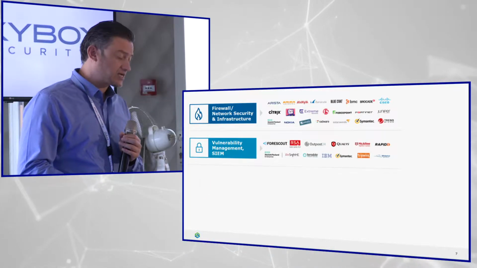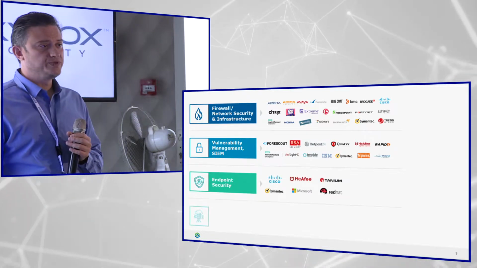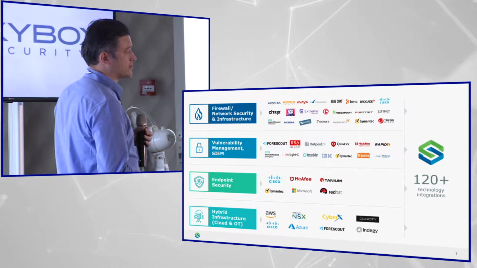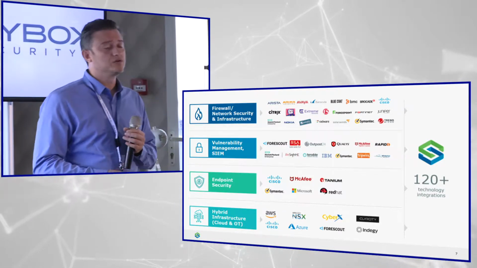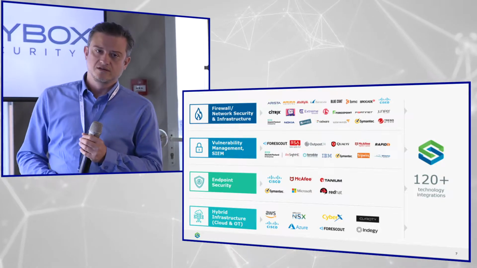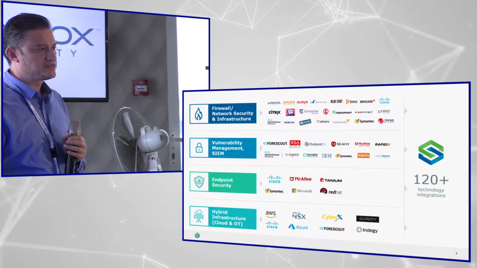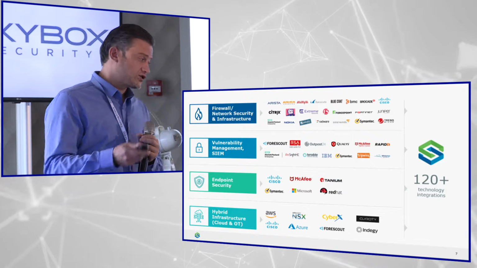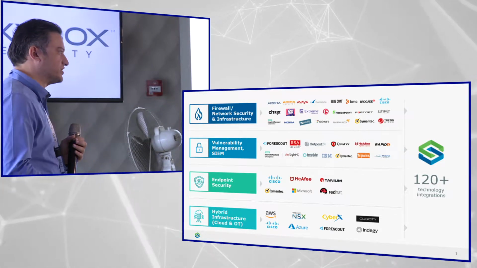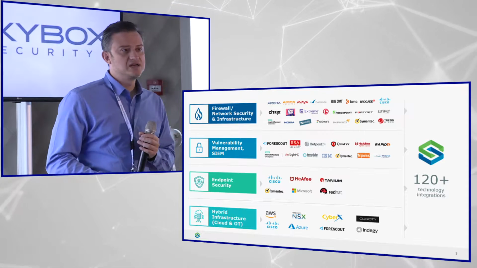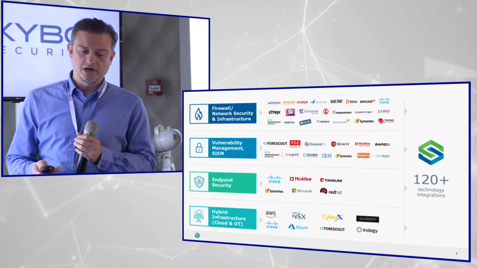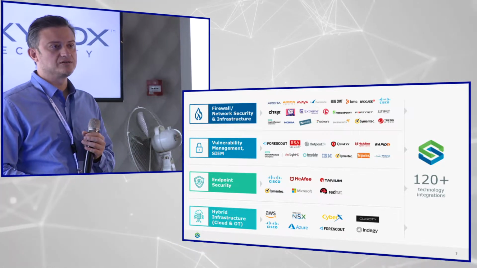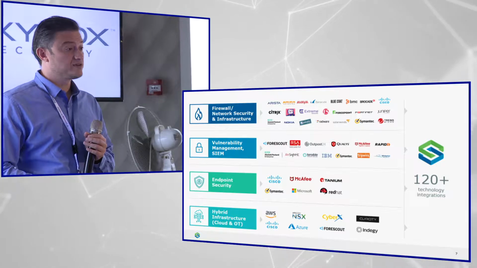As I mentioned, Skybox is a platform. And to be in control, provide you visibility and provide the analytics over all of these things, we're connecting to many different vendors from the security point of view, from IT environments, from OT environments, SCADA, operational. Skoda was mentioned and Volkswagen Group was mentioned previously. So many critical infrastructures or industrial networks today are connected to the internet, connected to the outside world, and there are threats.